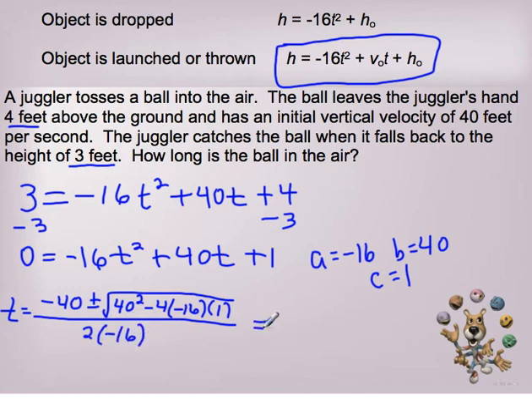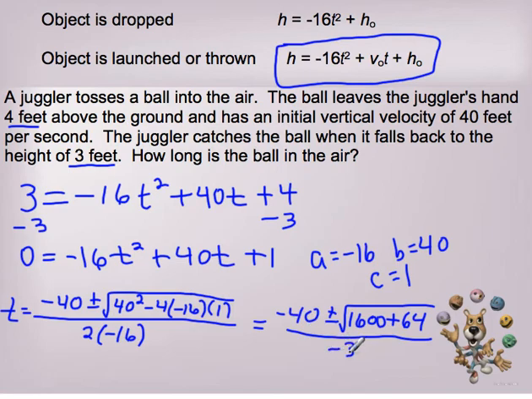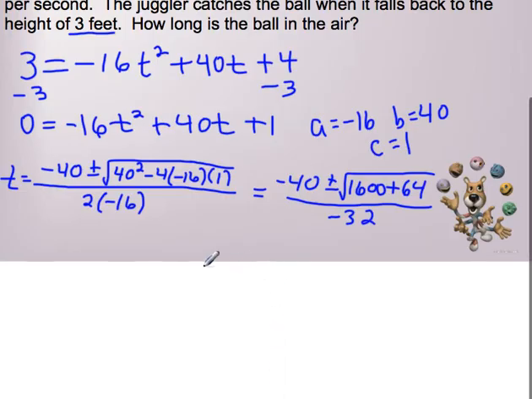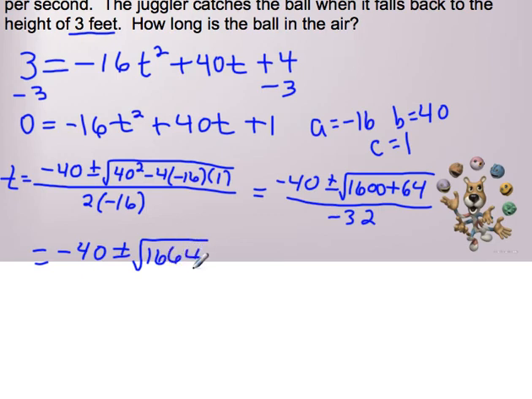Okay, and then we continue with the math. Negative 40 plus or minus the square root of 1600. That's going to be plus 64 all over negative 32. Okay, and we continue. So I'm going to end up with negative 40 plus or minus the square root of 1664 all over negative 32.